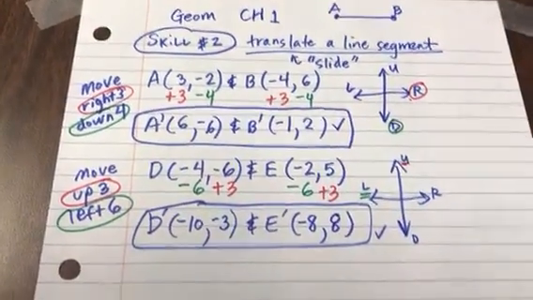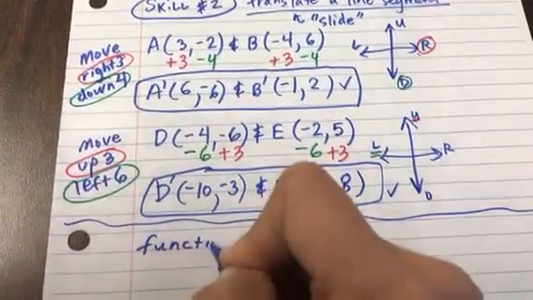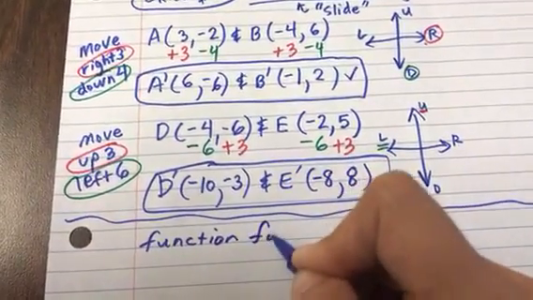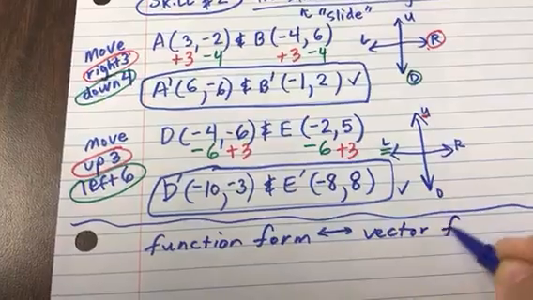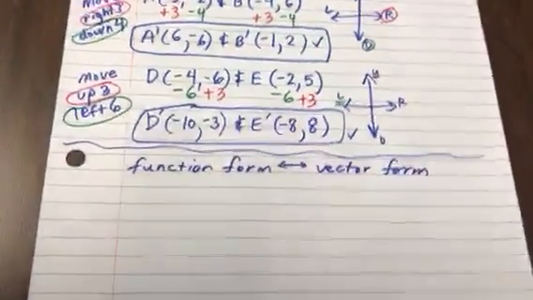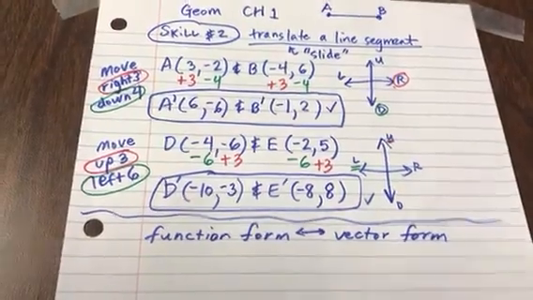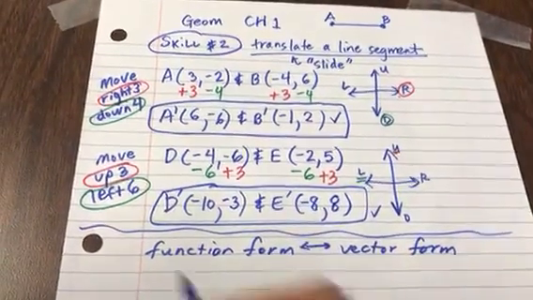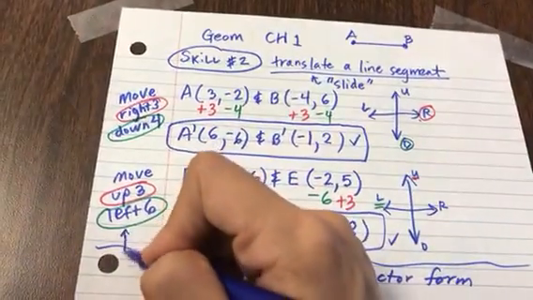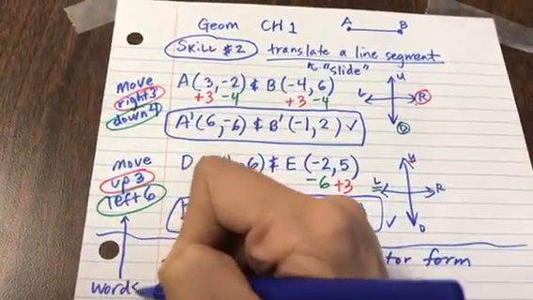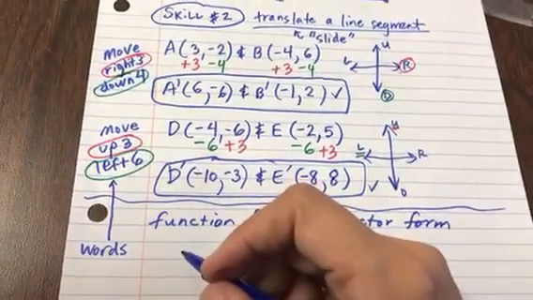That's my answer. Now, another way is they could use function form. Sometimes I've seen this called vector form. Different does not always mean harder. This different could actually mean easier, and in this case, it would be. Instead of saying something in words, they use symbols that look more like algebra.